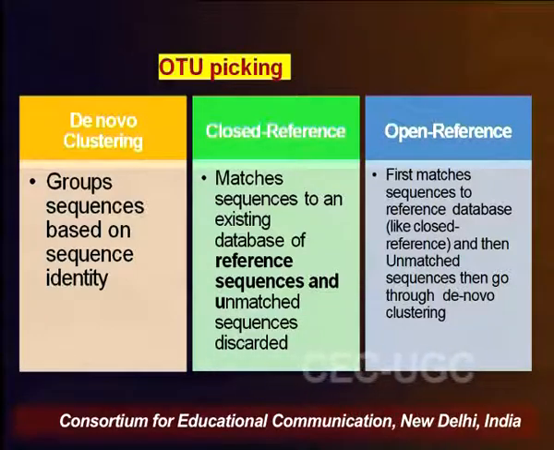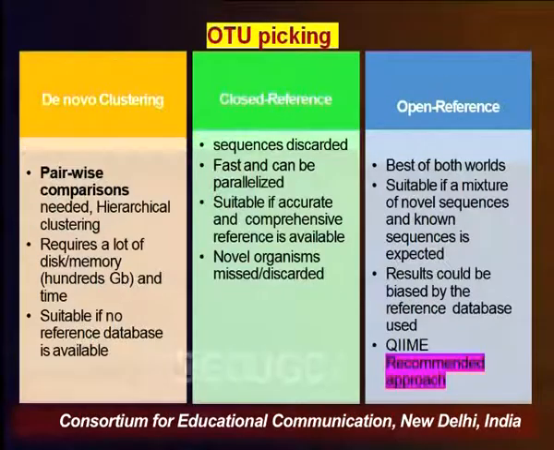And in open reference, we first match them with the already existing sequences, and the remaining ones we don't discard; we identify them the way we do in de novo, meaning we have the best of both. So taking it further, in de novo we do pairwise comparison of the sequences, then we do hierarchical clustering, and we get the clusters formed.